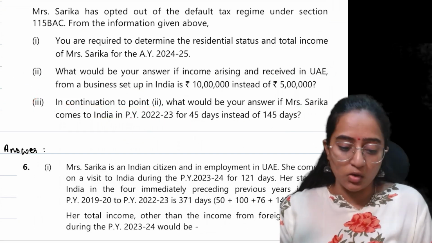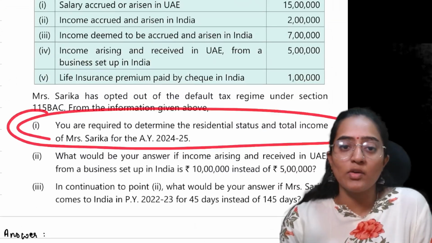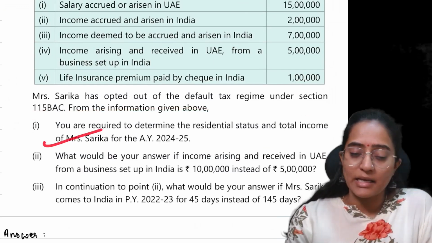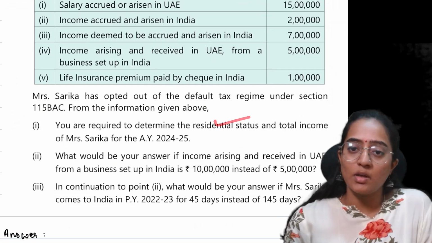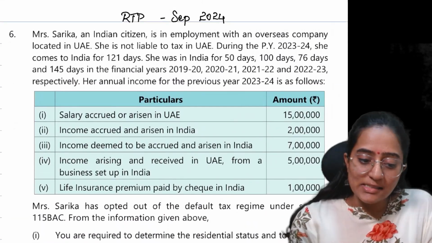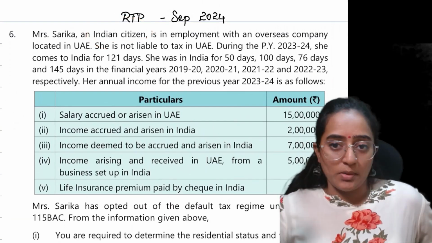Clear? See, first of all, what have they asked? You are required to determine the residential status and the total income of Mrs. Sarika for AY 24-25. First of all, she is an Indian citizen and she's working in employment.